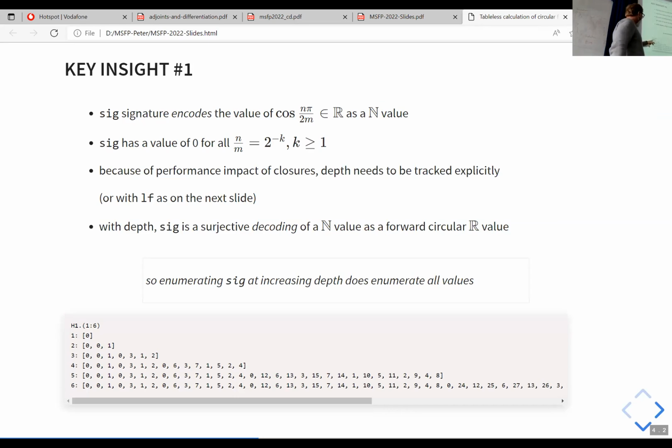Only you need to know that at all the arguments which are 1 over 2 to the k, or 2 to the k, the value is 0. So we need to do something about the fact that it's not injective to the natural numbers.